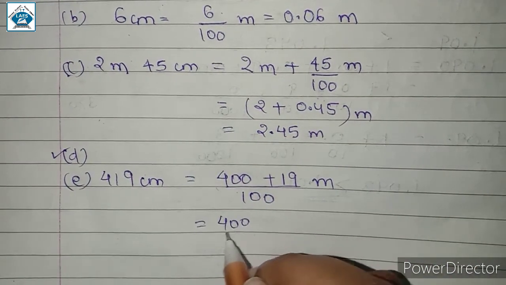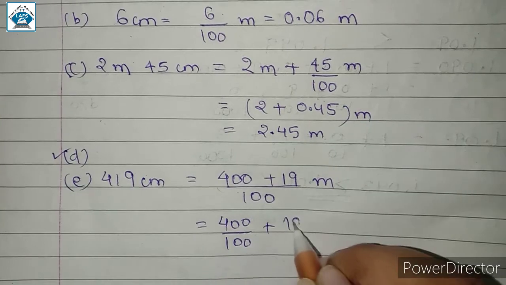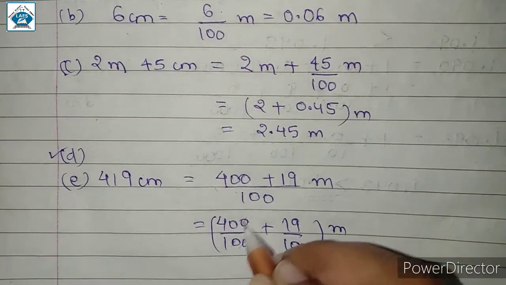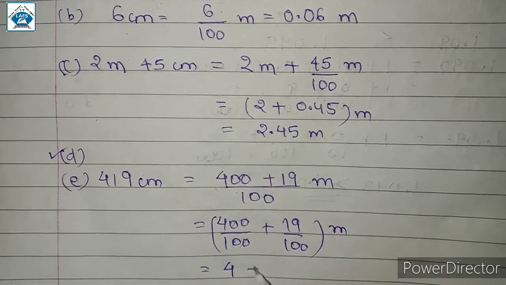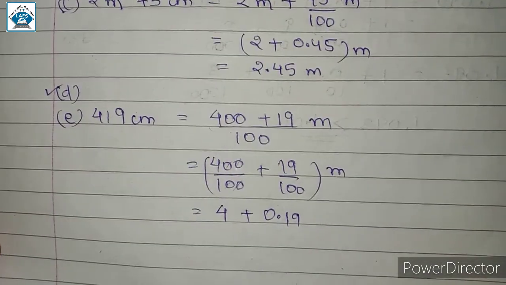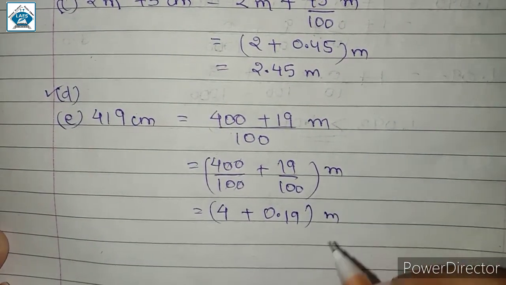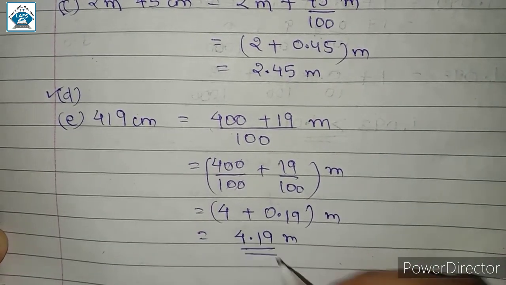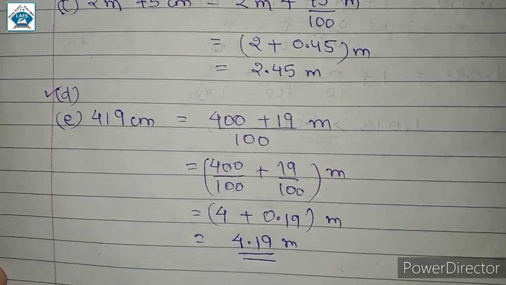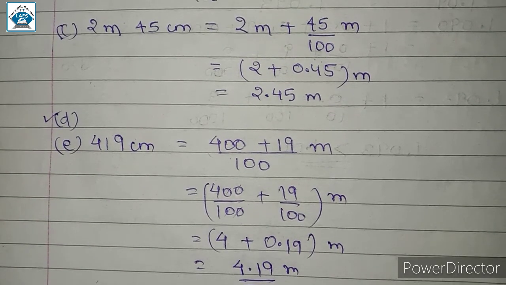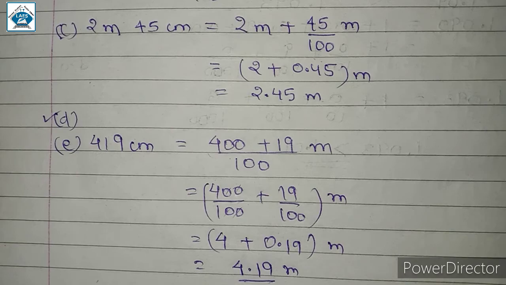So it is 400 upon 100 plus 19 upon 100, and the unit is meters. So the zeros get cancelled. We have 4 plus 19 upon 100 is 0.19, and this is in meters. So adding these two we get 4.19 meters. So 419 centimeter is 4.19 meters. Sub question D is homework for you, and in this way you have to solve question 2 in your notebook.